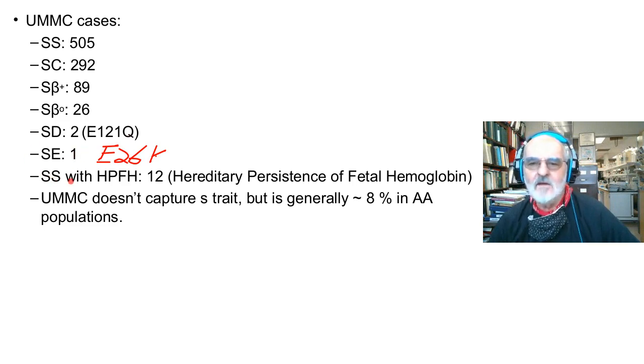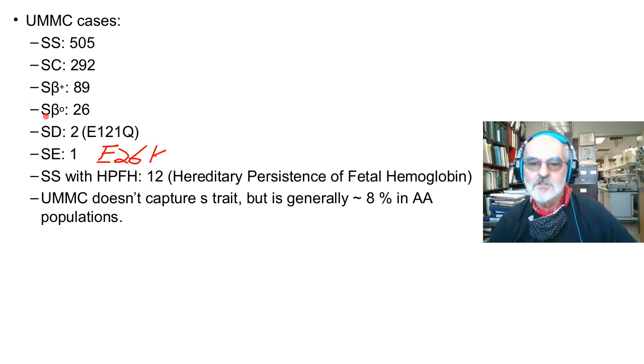And then we have a number of sickle cell patients, I presume that these patients belong in this 505 group or subgroup, who in addition to having sickle cell disease also have this hereditary persistence of fetal hemoglobin. So these patients will have milder sickle cell because there's such a high concentration of fetal hemoglobin that it dilutes out some of the sickle cell and it diminishes the severity of the disorder, okay?